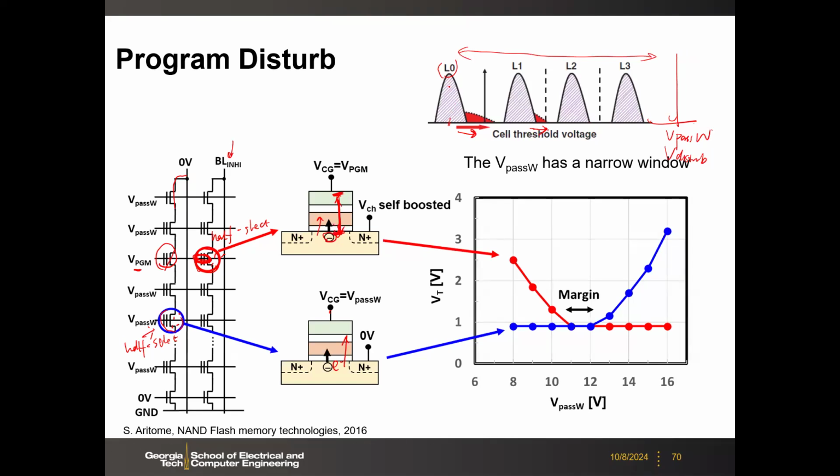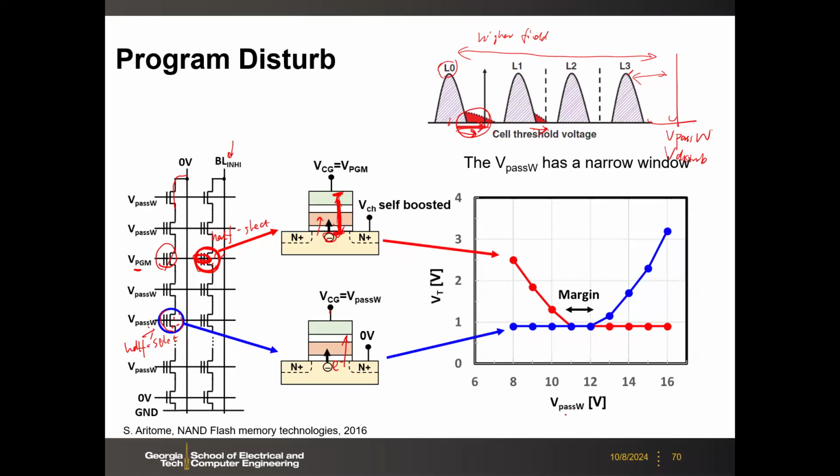If this is in the erased state, you have a higher field, right? Higher field, so you are going to inject more electrons. But for the L3 state, because the threshold voltage is high, effectively you have less field across this stack. So that's why you have more disturb in the erased state.